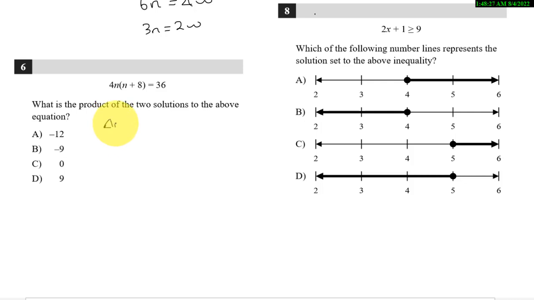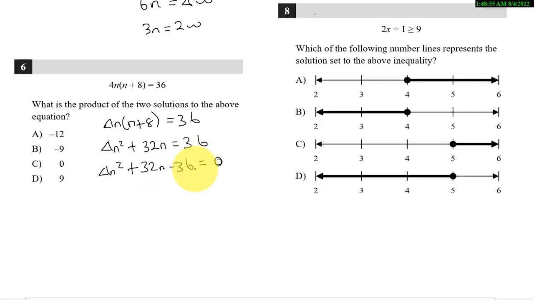So when we expand 4n(n + 8) = 36, expanding this leaves us with 4n² + 32n = 36. So we want to equate this equation to 0. So of course this becomes 4n² + 32n − 36 = 0.